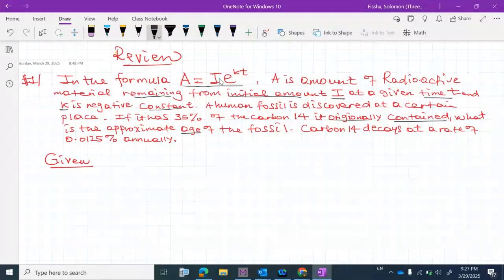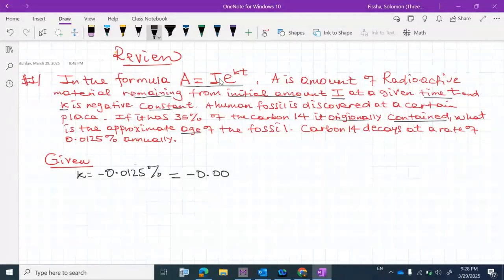First of all, the K constant is given. It is a negative constant, negative 0.0125%. This is given in percent, so we have to change this into a decimal number. When we divide this by 100, because percent means over 100, this is going to be negative 0.000125.